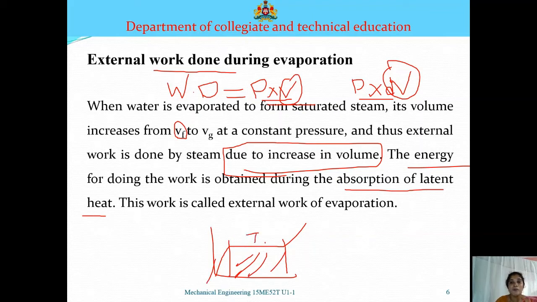That heat will be absorbed by the system to do some external work. That is the meaning of this. So the absorbed energy is utilized to do some external work. This is the definition of the work done. So the energy for doing the work is obtained during the absorption of latent heat, and this work is called the external work of evaporation.